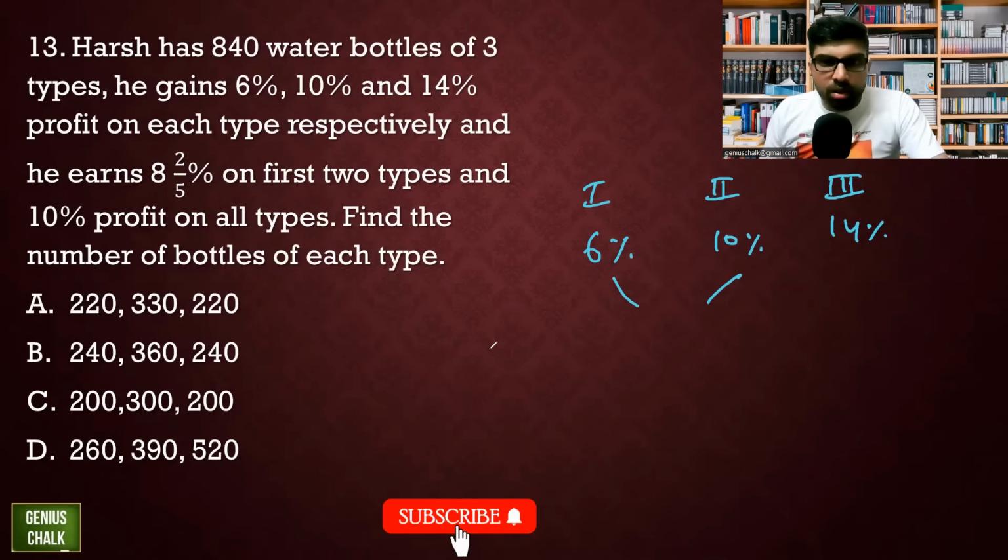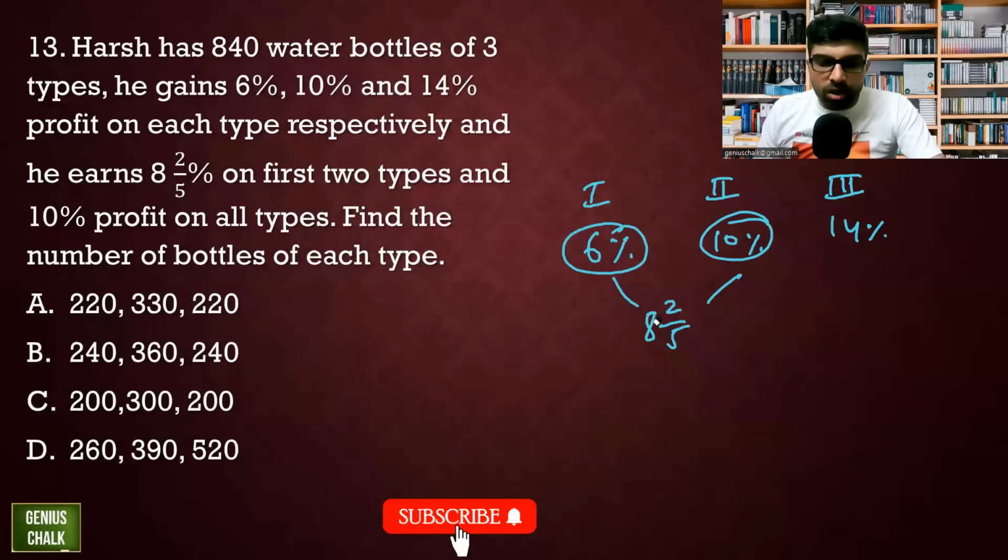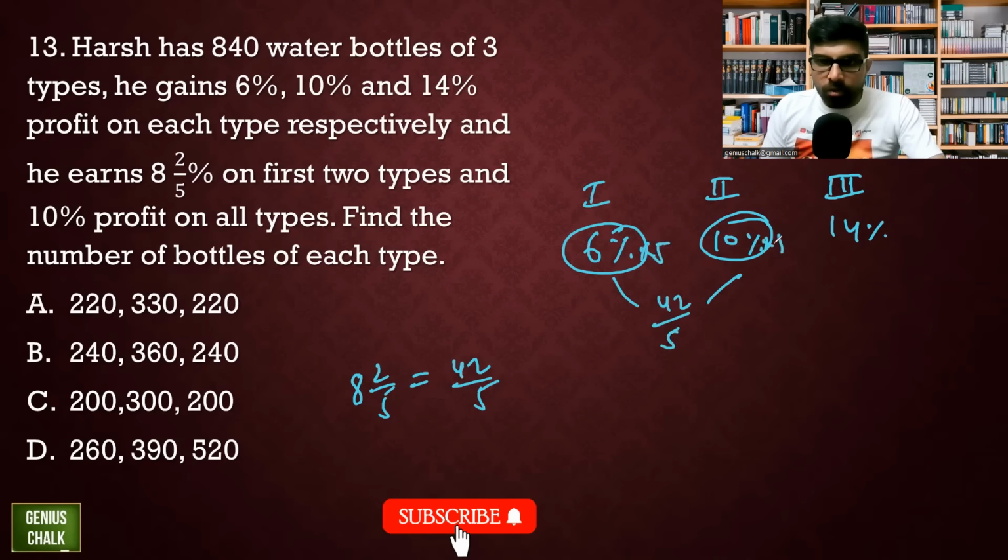Okay, it is 8.2 by 5. How much is that going to be? Because first and second is given and it is coming in the middle also. 8.2 comes between 6 and 10 somewhere, so we can use it. So 8.2 by 5 will be 42/5. So multiply all sides by 5.